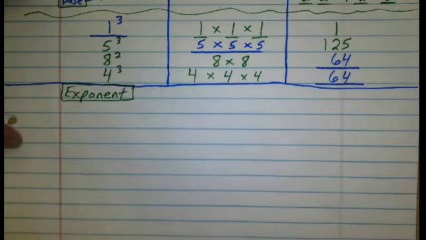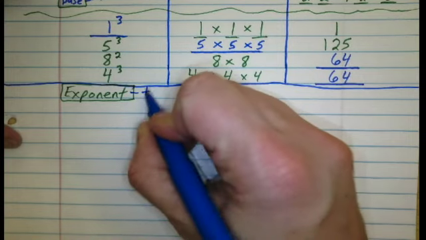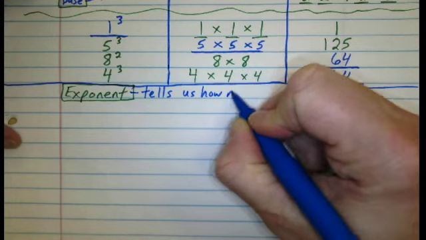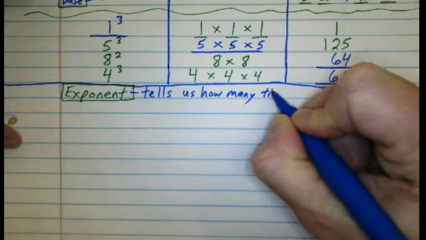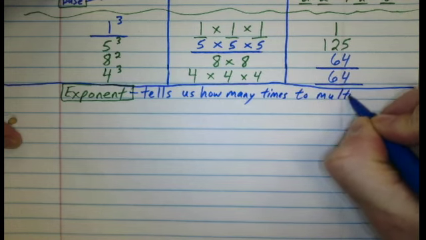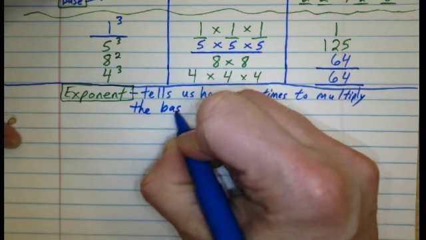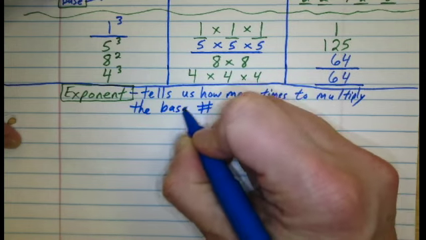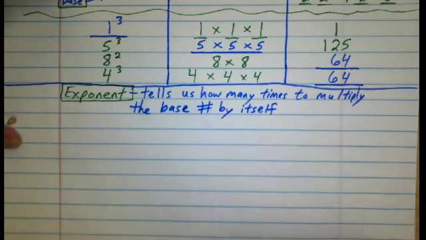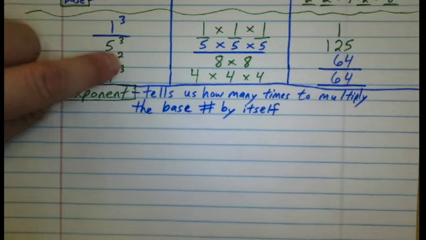It tells us how many times we're going to multiply the base number by itself, so I'm going to write that in. The exponent is also that little number that's raised, so that's another way to identify it.